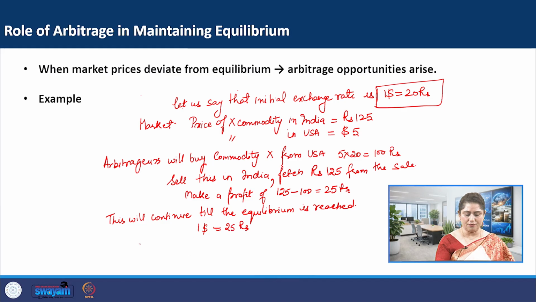That is, $5 will now be equal to 125 rupees. So after this, there is going to be no arbitrage profit, and hence the price of the commodities in both the countries is going to equate.